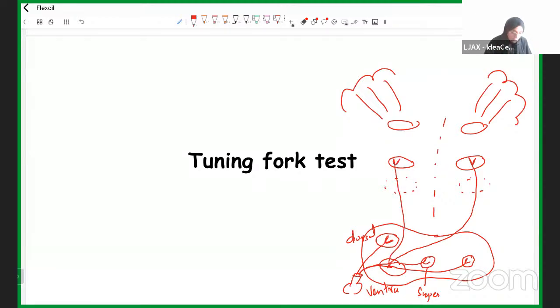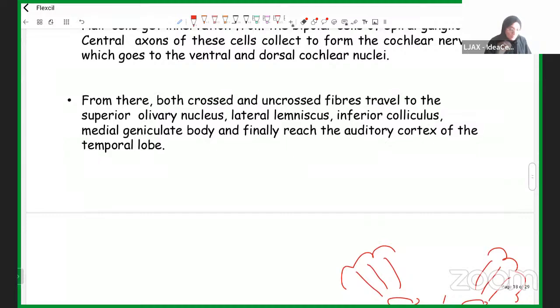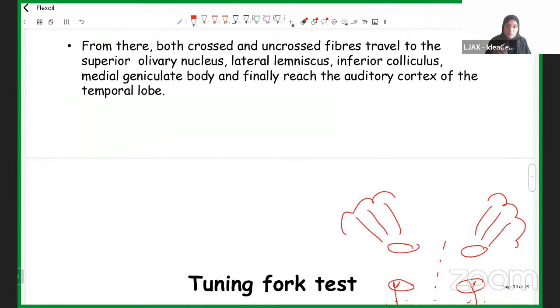So sound travels like this, through both crossed and uncrossed fibers. One is crossing at the trapezoid body and one is staying on the same side. It will travel to the superior olivary nucleus and then into the lateral lemniscus, inferior colliculus and then medial geniculate body. And then from there, they will finally reach the auditory cortex of the temporal lobe.